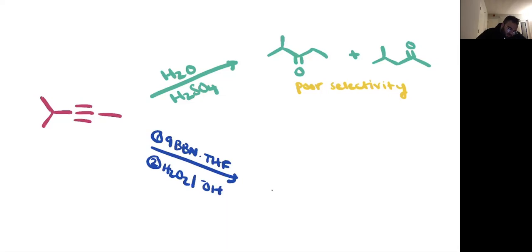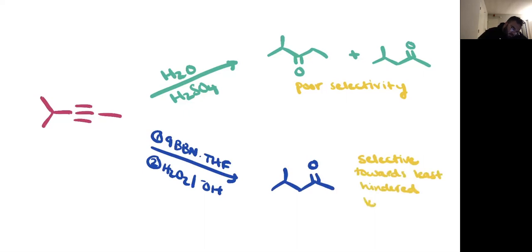So you will get the selectivity towards the least hindered carbonyl. Cool. And that's just because 9-BBN is so big that you wouldn't be able to go in and favor the more hindered one.